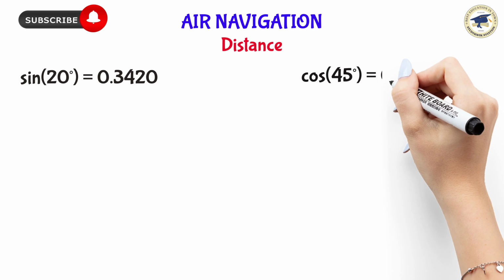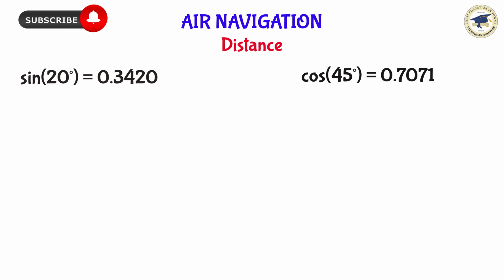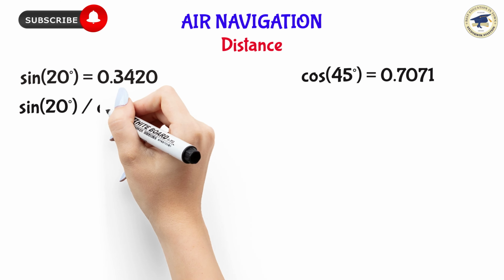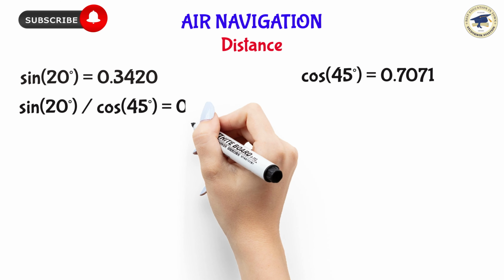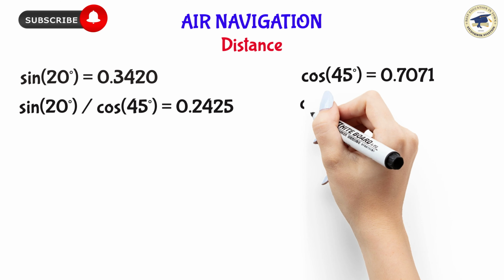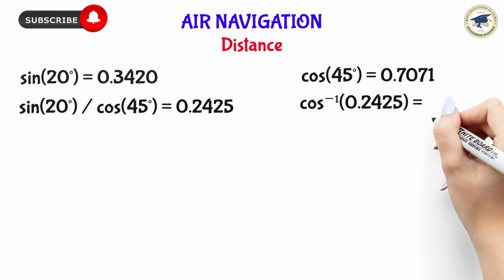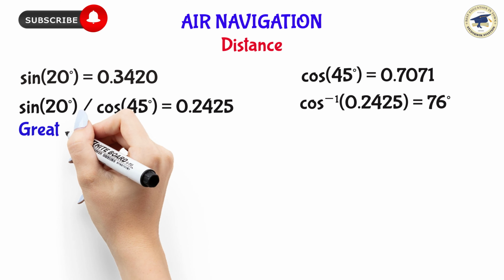Cosine 45 degrees equals 0.7071. Sine 20 degrees divided by cosine 45 degrees equals 0.2425. Cosine inverse of 0.2425 equals 76 degrees.